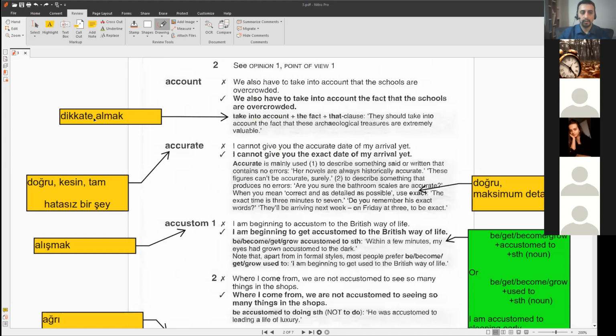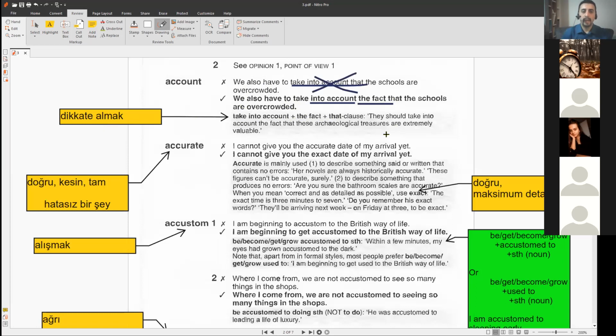As you see here in Turkish, dikkate almak. So the true is this, take into account. The format is this, take into account the fact that. We never say take into account that. We say we have to take into account the fact that. Fact means something real, something that we know.